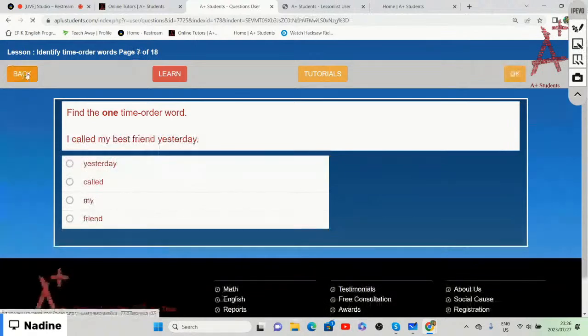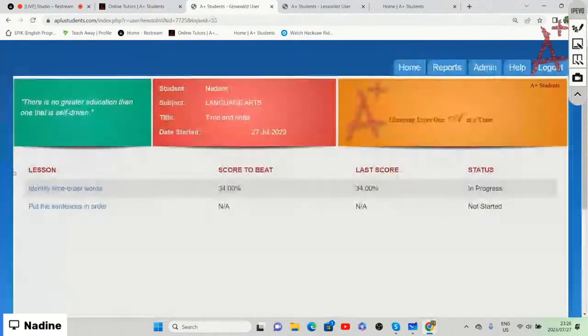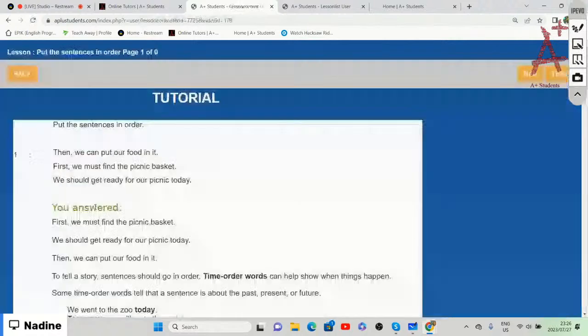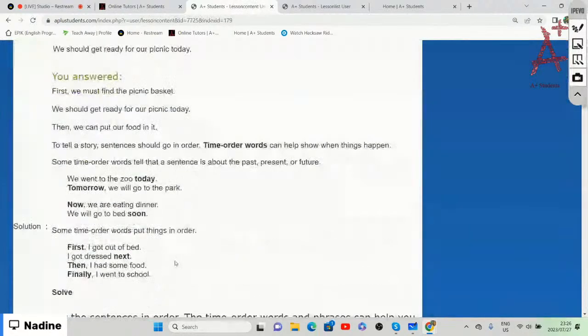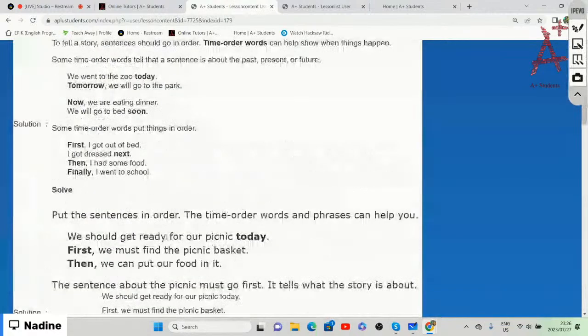All right, now we're going back and we're going to put the sentences in order. It says, put the sentences in order. The time order words and phrases can help you, right? It can basically help you to put the sentences in order.